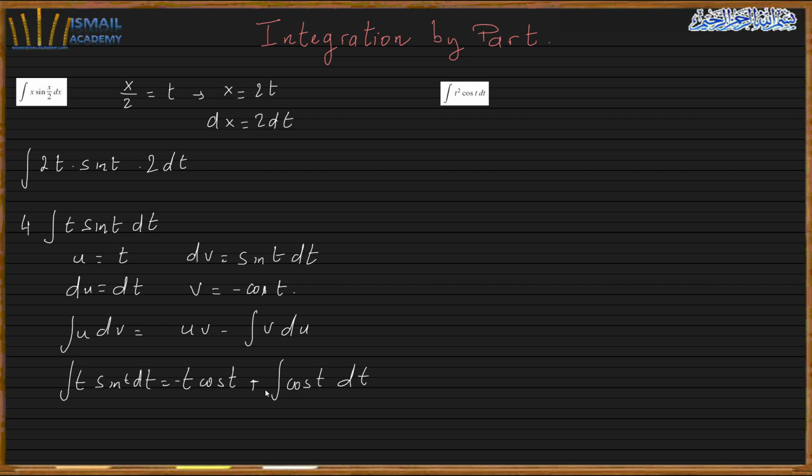This is very easy to integrate because the antiderivative of cosine is sine. So it's minus t cosine of t plus sine of t plus c.